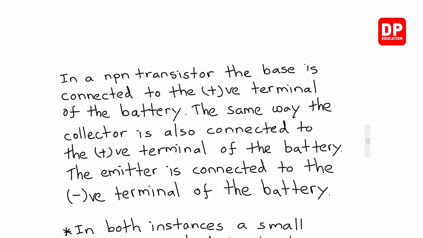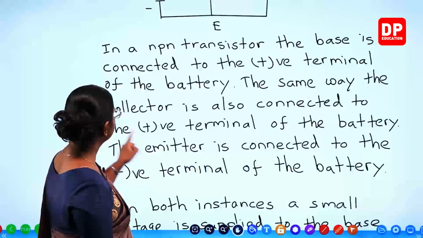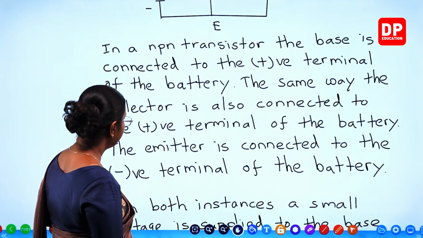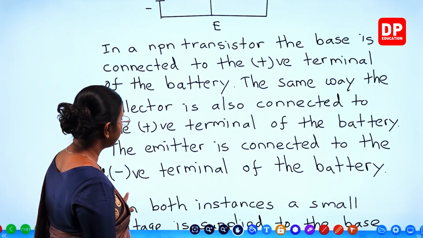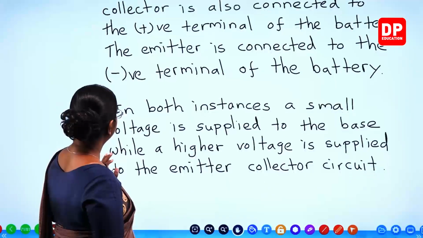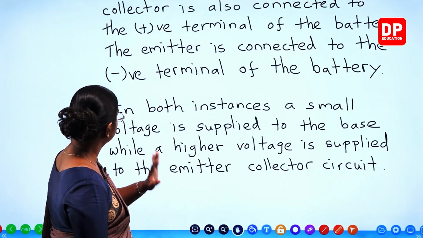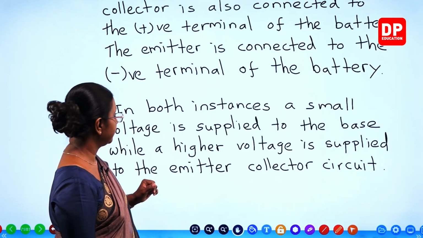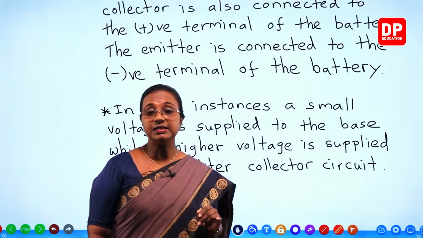So here, in an NPN transistor, the base is connected to the positive terminal of the battery. The same way, the collector is also connected to the positive terminal of the battery. The emitter is connected to the negative terminal of the battery. And here you can see in both instances, a small voltage is supplied to the base while a higher voltage is supplied to the emitter-collector circuit.